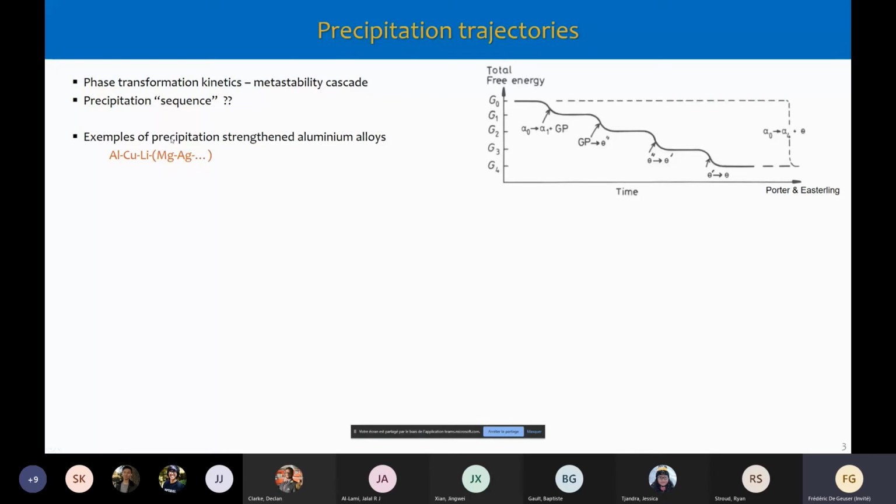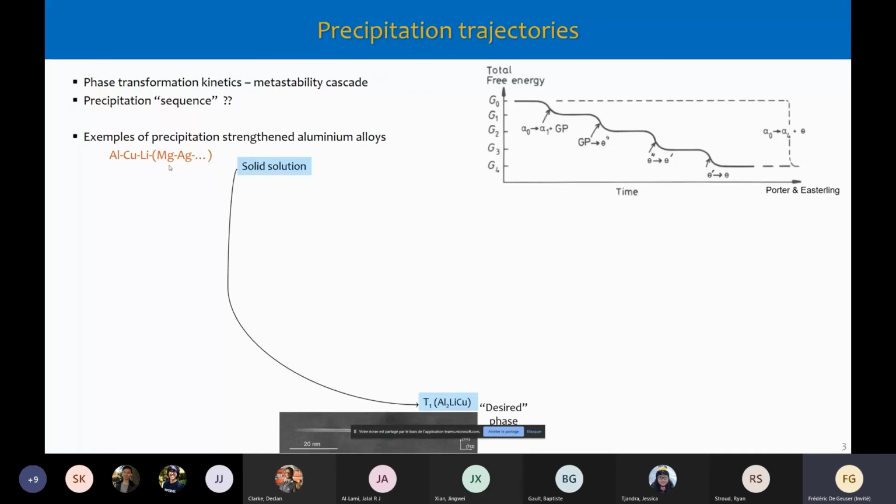So I will use this as an example of what I mean by precipitation trajectories and how we can study them, most especially this alloy, which is an aluminum-copper-lithium alloy that also contains other solutes, and which is used for the aerospace industry, as we'll discuss later on.